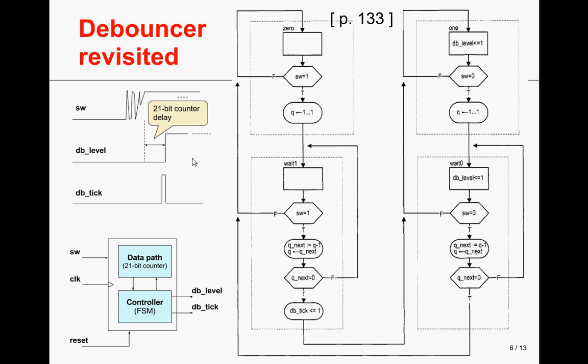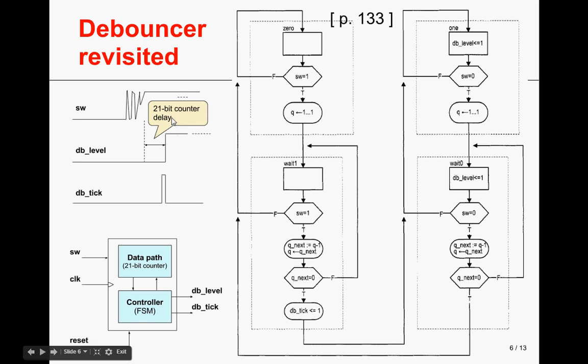FSMD. Basically, the application consists of converting an irregular signal that comprises oscillation when going from 0 to 1 or from 1 to 0. This is the typical case when we use a mechanical switch, and we want to convert this signal into a clean transition output called dB level or debounced level output.